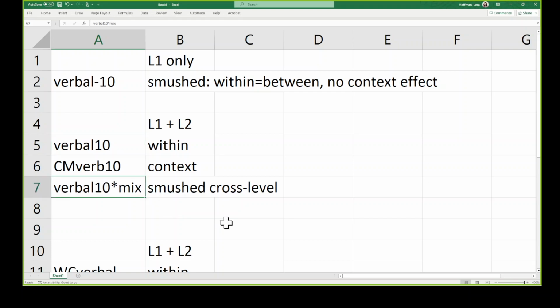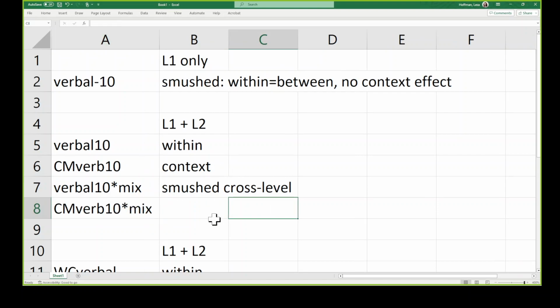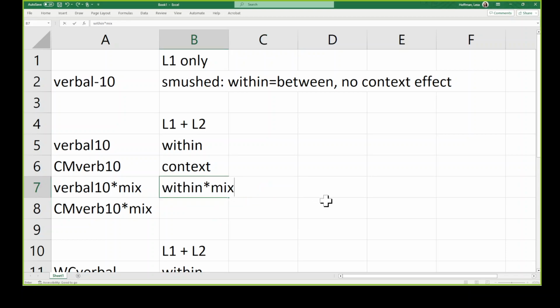So if you want to have the effect of within verbal vary by mixed grade, you've got to let the contextual effect of verbal vary by mixed grade. That fixes it. So then this becomes within by mix. This becomes context by mix. Can you guess how I would get to between by mixed? Add them up. Yeah, it's the same.